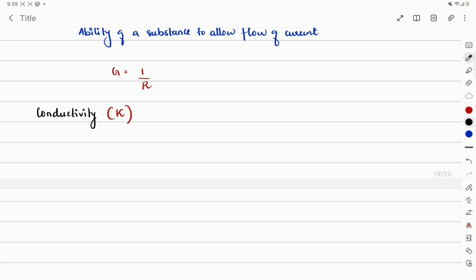So conductivity is represented by kappa and conductance by the letter G. Kappa, as I told, is the reciprocal of resistivity. So you can write kappa is equal to 1 divided by rho. Okay, now if you want to write this in terms of R, how do you write?